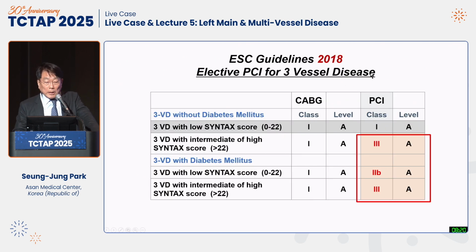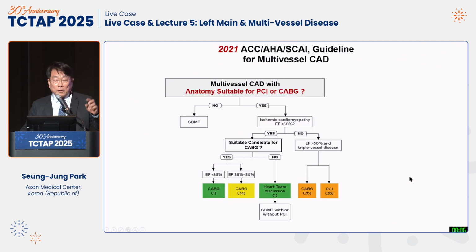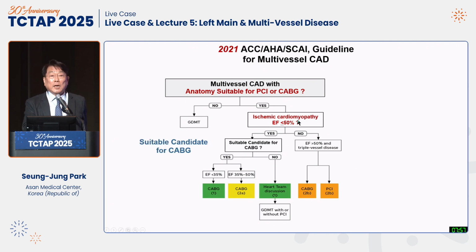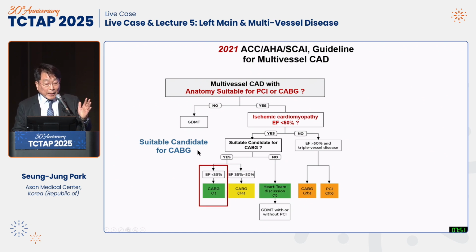So in 2018, before the ISCHEMIA study, look at this. We cannot do PCI for multivessel disease. Even in low SYNTAX, patients with diabetes, don't touch. That is the ESC guideline. However, in 2021, look at this, multivessel disease, they separate depending on ejection fraction less than 50%. This data from the CASS trial, a very old study, makes them suitable candidates for bypass surgery, class 1.